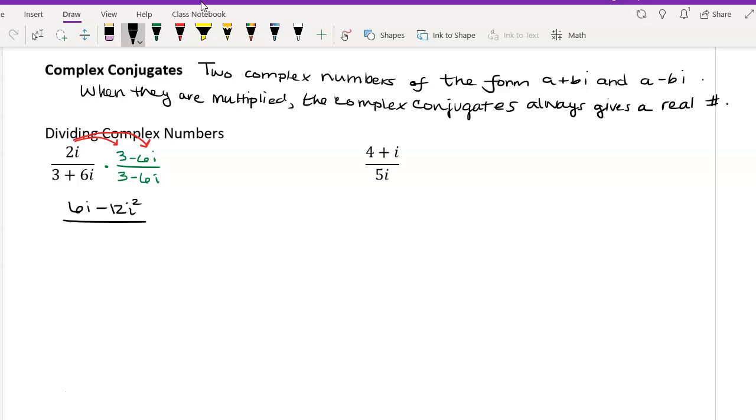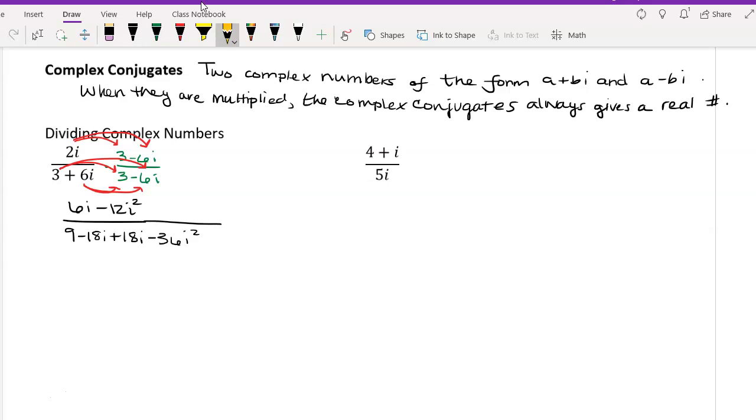Now for our denominator, we have two binomial terms, which means we need to distribute. 3 times 3 gets us 9. 3 times negative 6i gives us negative 18i. 6i times 3 gets us positive 18i. And 6i times negative 6i gets us negative 36i squared.